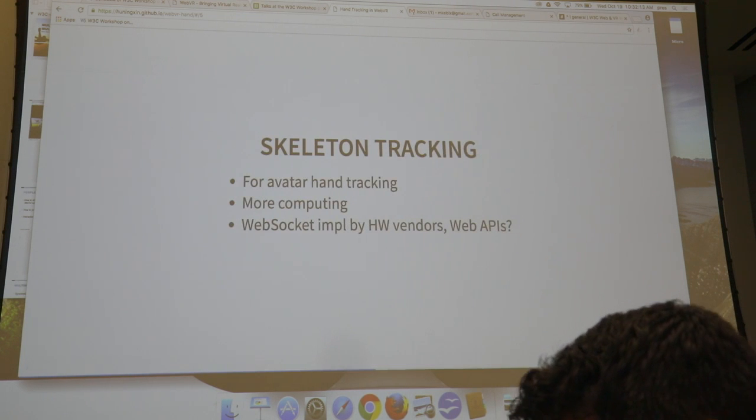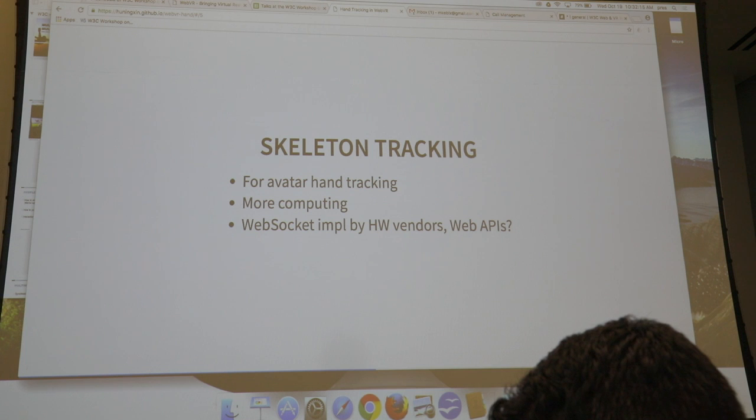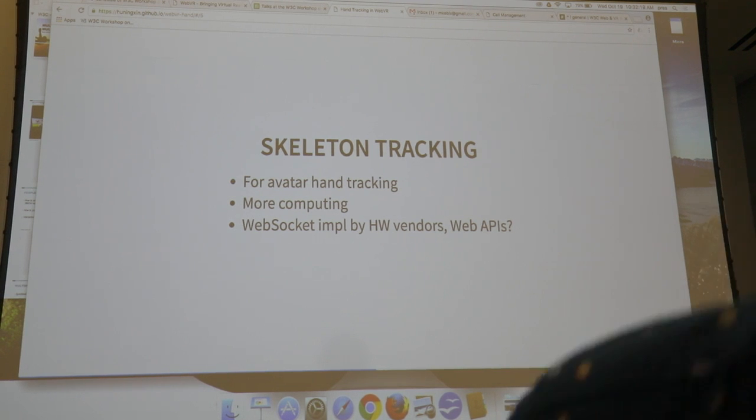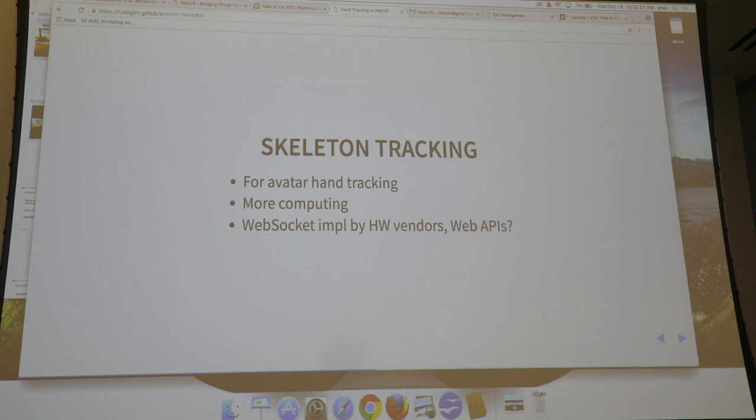Skeleton tracking is used, for example, for avatar hand tracking in games or social apps. It requires more computing, so it's quite challenging to do on mobile systems today. It can impact battery life and introduce some latency.